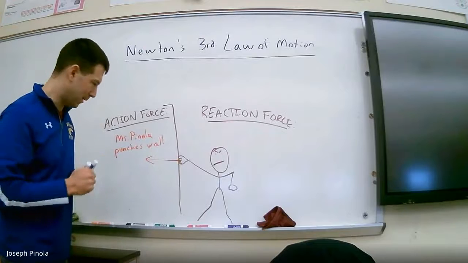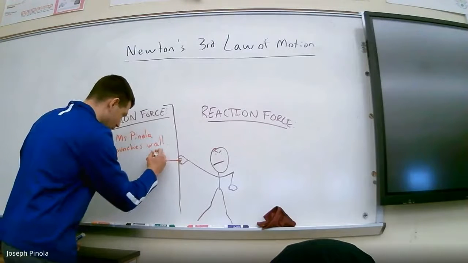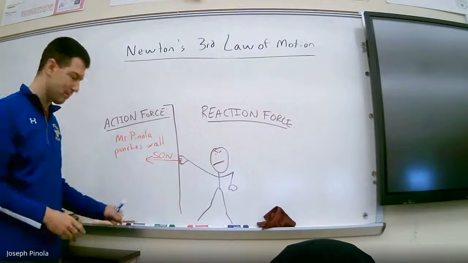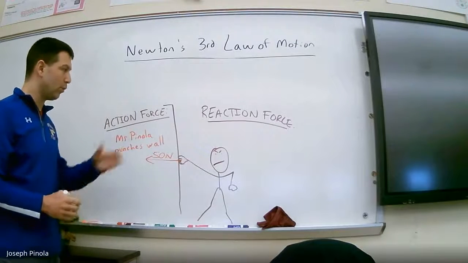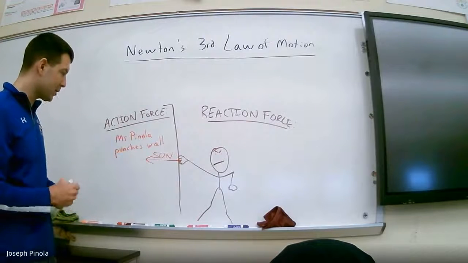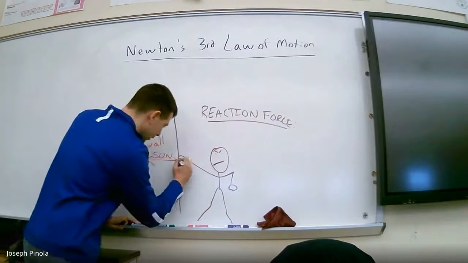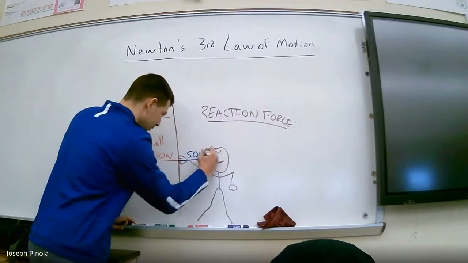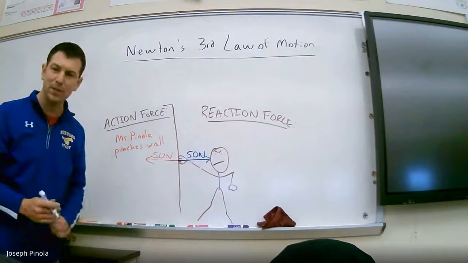So let's make up a number. Let's say that I punched the wall with 50 newtons of force. Well, the reaction force to this action force is going to be a force that is also 50 newtons in the exact opposite direction.